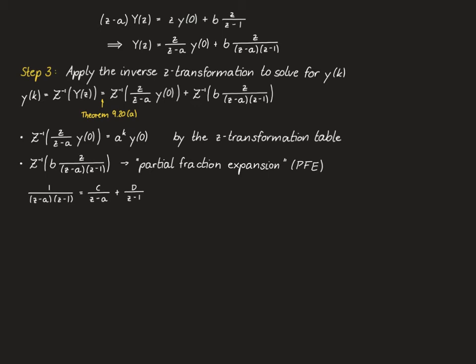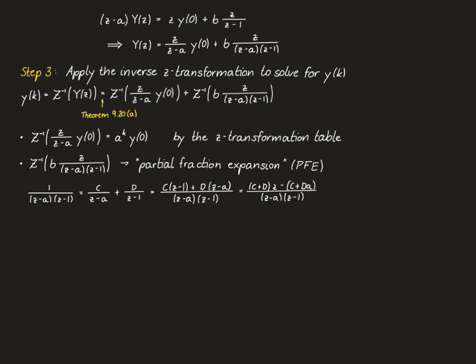Now we need to determine the two constants c and d, and to this end we form the least common denominator of these two fractions, which is of course equal to the denominator of this fraction here. Then the numerator can be written as a polynomial of z, where we first combine all terms multiplying z, and there we get c plus d times z, and then we combine all constant terms, where we get minus, in brackets, c plus d a.